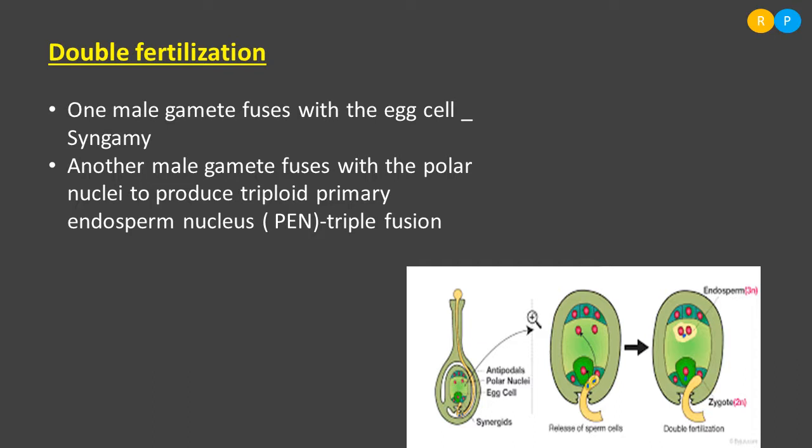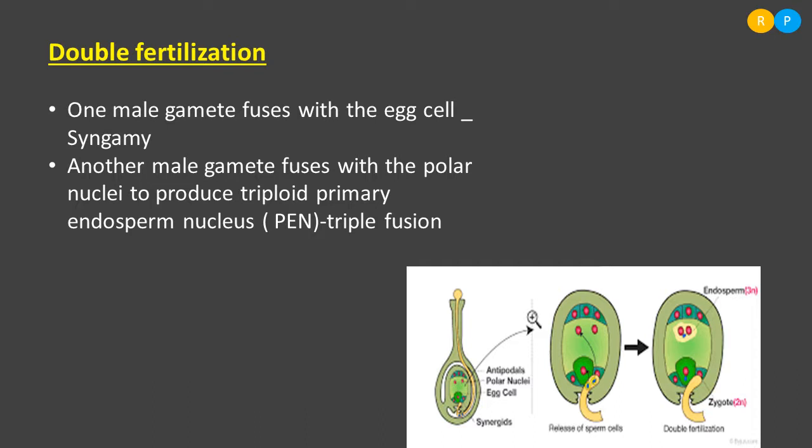So two fusions take place at a time within the female gametophyte. One male gamete fuses with the egg cell, which is named syngamy. The other male gamete fuses with the polar nuclei to produce the triploid primary endosperm nucleus. This fusion is named triple fusion. So syngamy and triple fusion take place at a time within the female gametophyte.